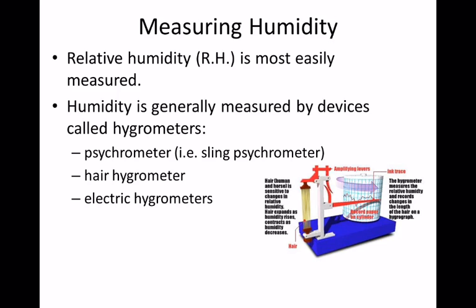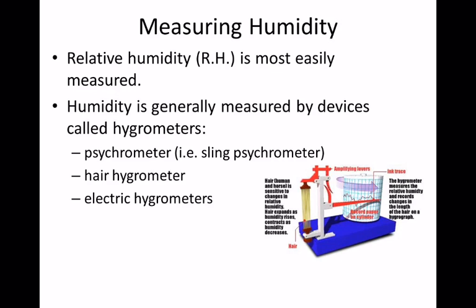My hair's not naturally curly, but hair curls differently in humid or dry conditions. Is this human hair? Horse's hair. Okay. Basically, it will expand and contract based upon its curliness, responding to the humidity.